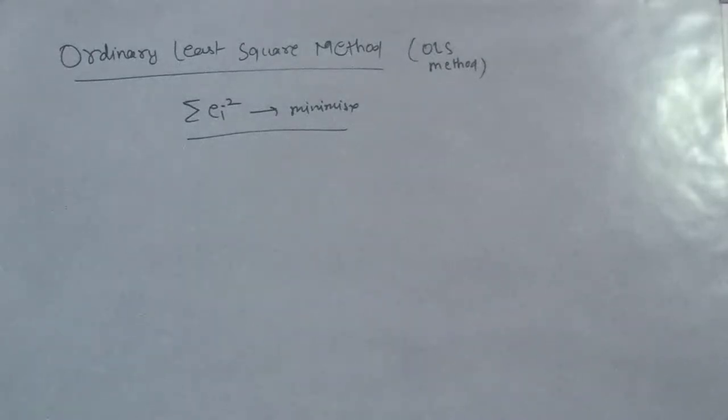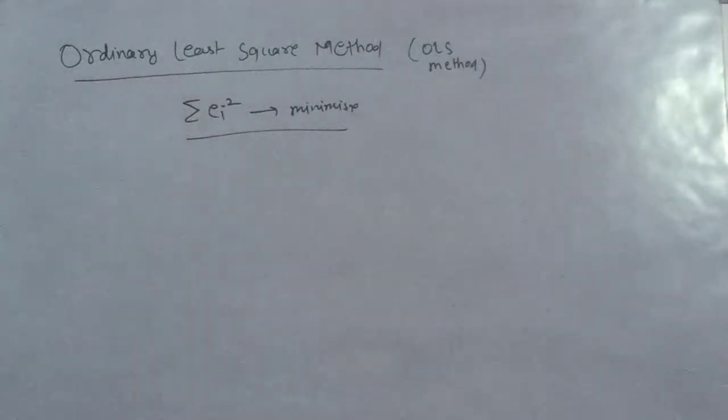Now you can write the definition also. OLS method states that b1 and b2 are to be selected in such a way that summation ei square is minimized.